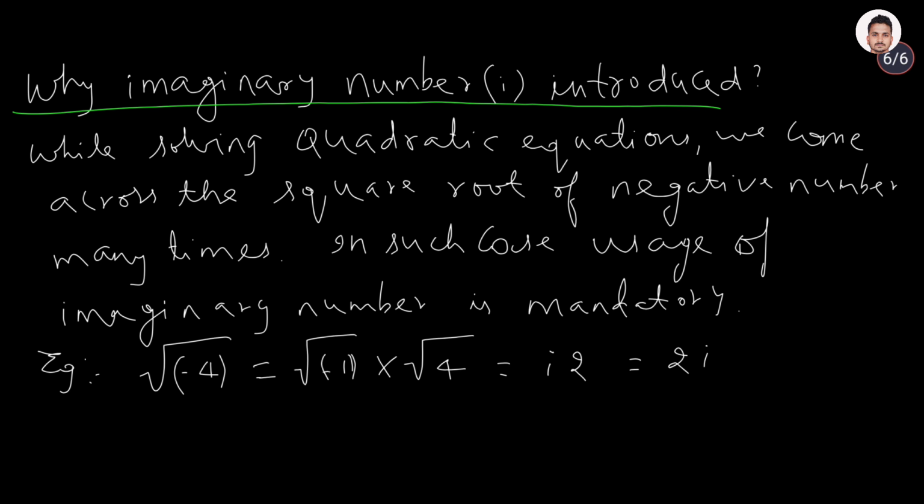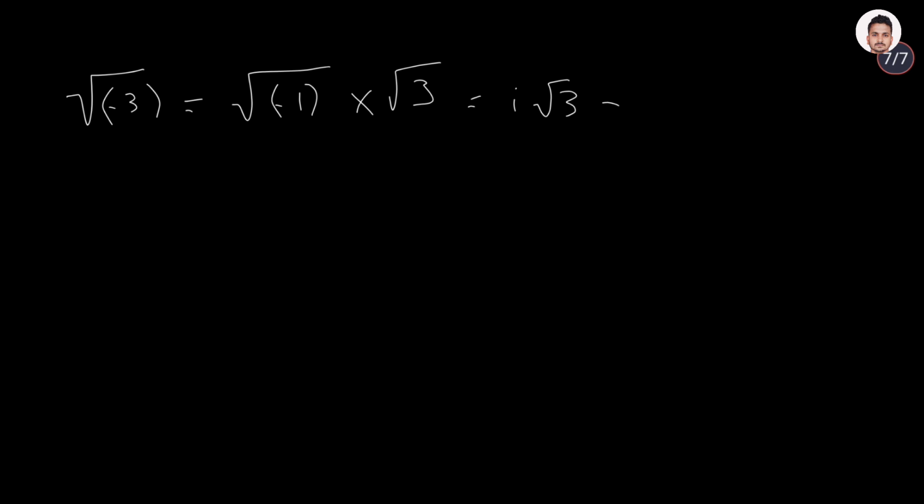Here the value of i is root of -1. Another example, root of -3. We solve root of -1 into root of 3. Root of -1 is i, and root 3 is root 3. So the answer is root 3 i. Here the value of iota is root of -1.